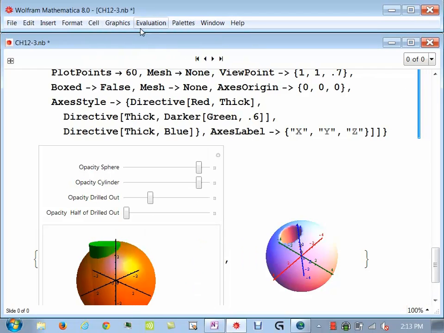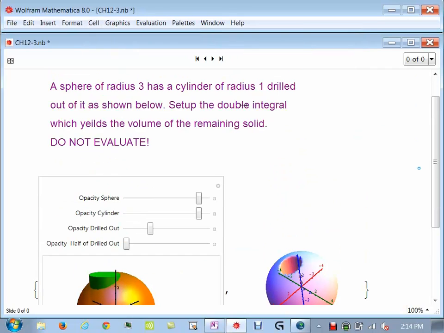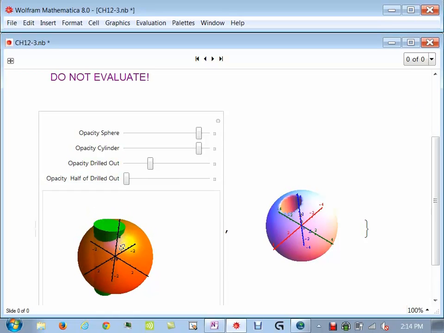What happens in this problem is that we have a sphere of radius 3. It's going to have a cylinder of radius 1 drilled out of it, as shown below. Set up the double integral which yields the volume of the remaining solid. That green is like my drill bit. It's going to come down.